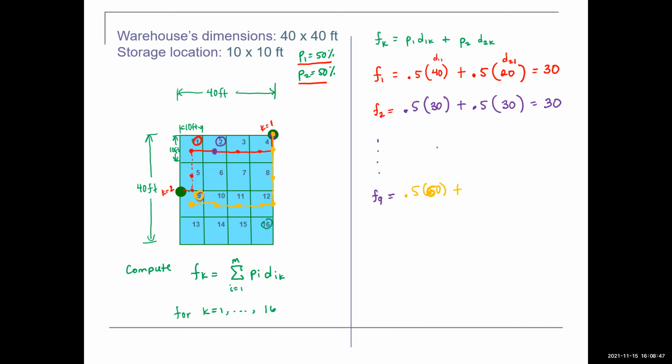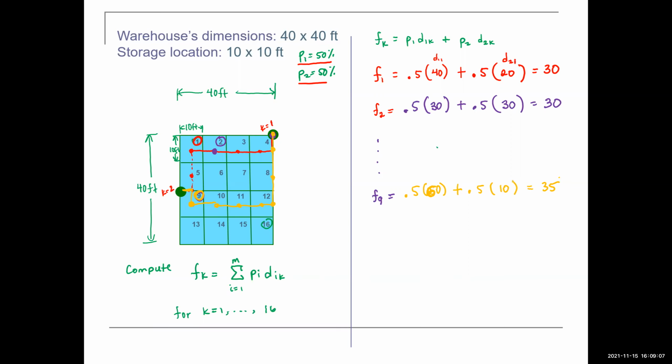Plus, here is 5, so it's 10. 0.5 times 10. So we get 35.